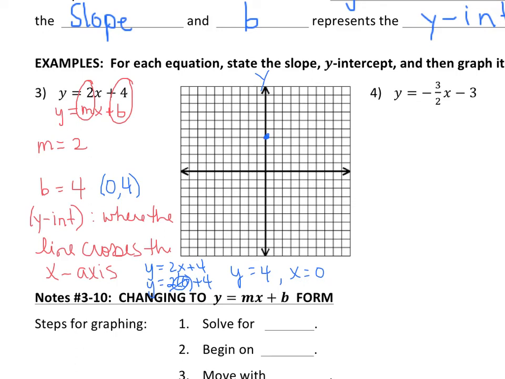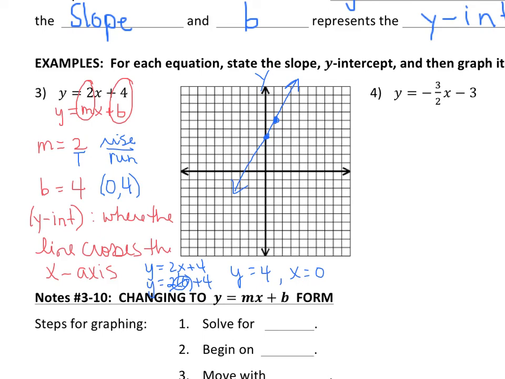Now we're going to use our slope, which is 2, and we're going to make that 2 over 1. And remember, that's rise over run. So from this point, we are going to rise 2, which is up, and then run 1, which is to the right. And so my next point will be here. And now we can connect the points.